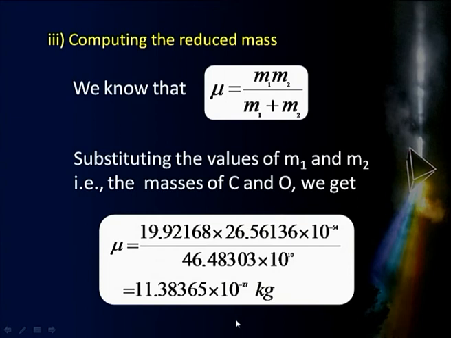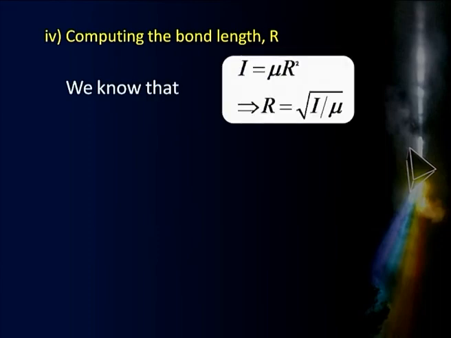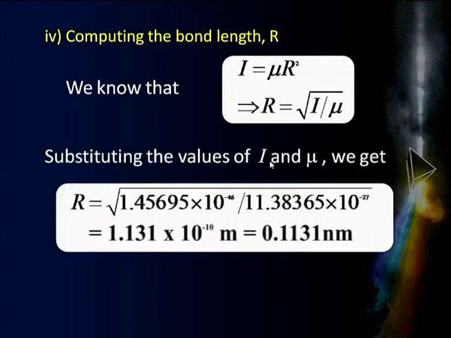So, once this is done, we are ready with the final step, that is to compute the bond length. As I mentioned earlier, I is equal to mu r square. So, I can just rearrange and get r to be equal to the square root of I by mu. I have computed I, I have computed mu, I just simply substitute. When I substitute and simplify, I get r to be equal to 0.1131 nanometers.